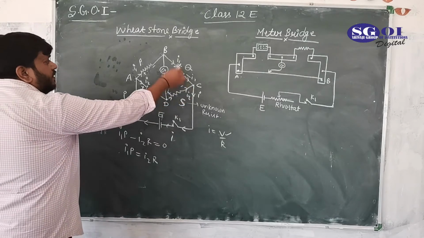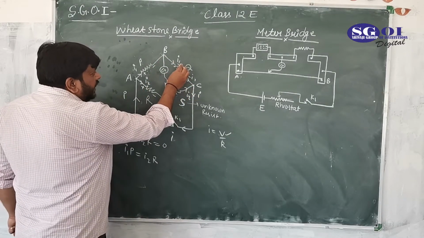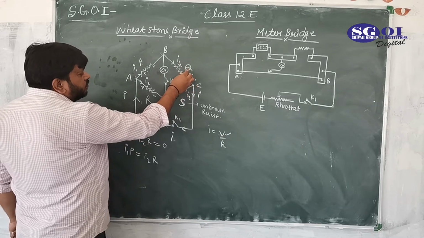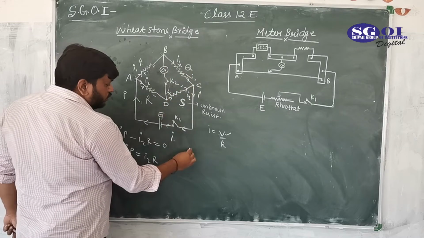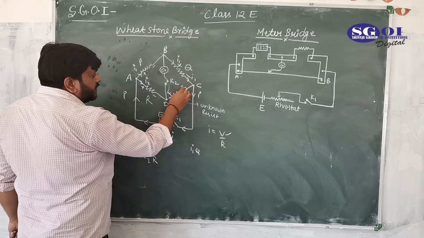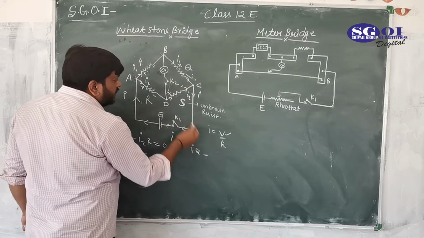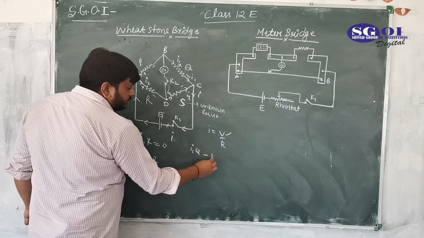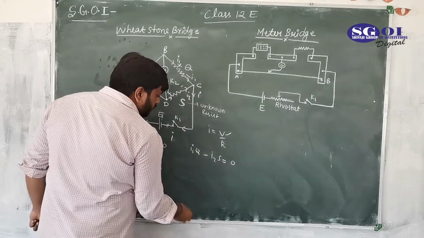Now we will apply KVL in this branch. Take reference, the potential difference across this Q: I1 into Q. And this is minus, so it would not be the same, it would be negative: minus I2 into S. There is no other potential difference, so it is 0.